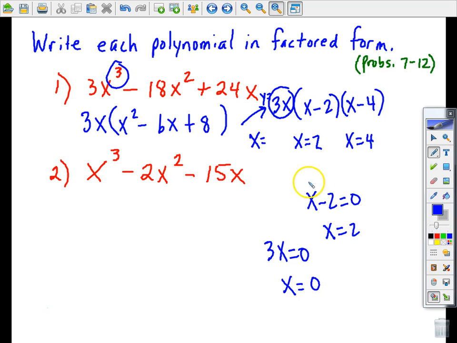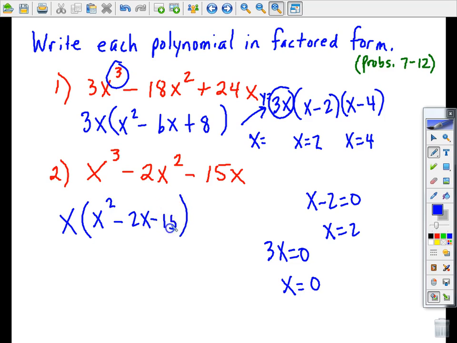All right, number 2. Let's see. JT, can you help me out with number 2, factoring? You could factor out x in each term. Okay, and what would that give you? You get x times the quantity, x squared minus 2x minus 50. Very good.